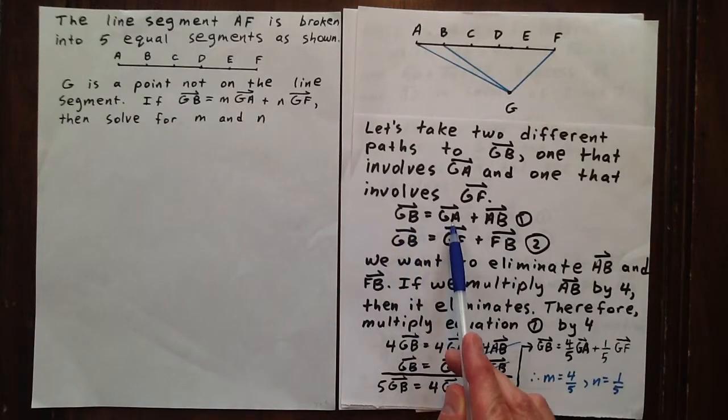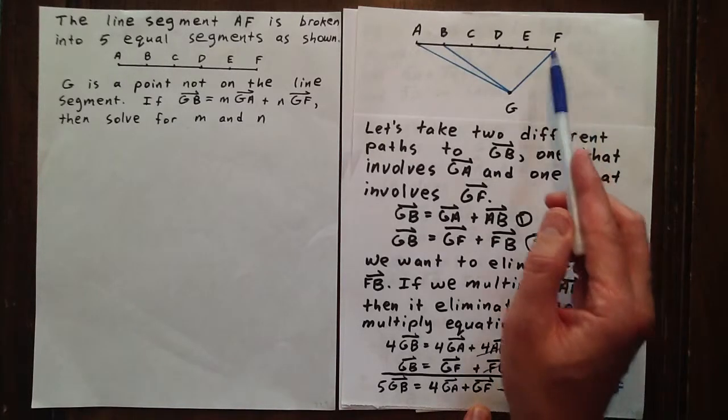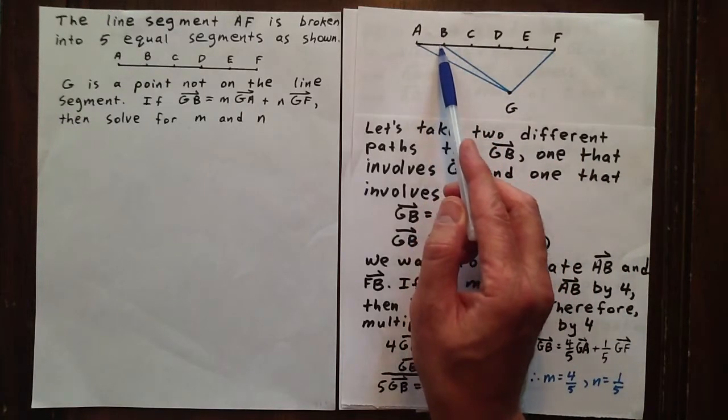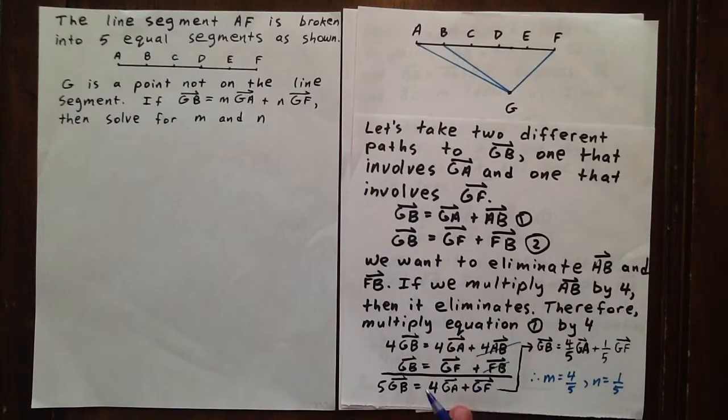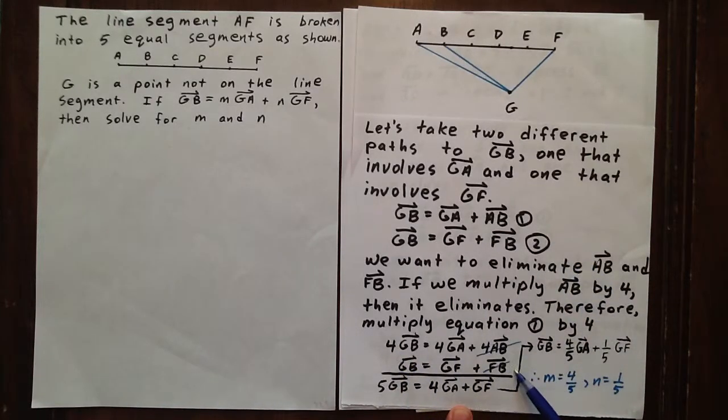Instead of GB equaling GA plus AB, we have 4GB equaling 4GA plus 4AB. And we can see that FB is the opposite of 4AB. And so when we leave equation 2 alone, we can still have GB equals GF plus FB.